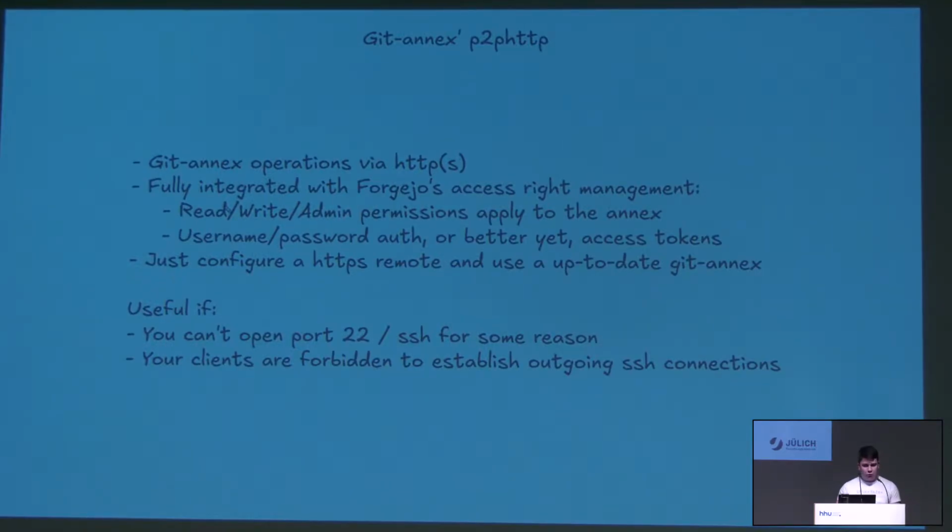If you give someone read access to the repository, they will have read access via P2P HTTP to the annex. Write permissions work the same. Access tokens work the same, and you just have to configure your repository on a Forgejo-aneksajo instance via HTTP URL and use a relatively up-to-date git-annex version, and it will just work.